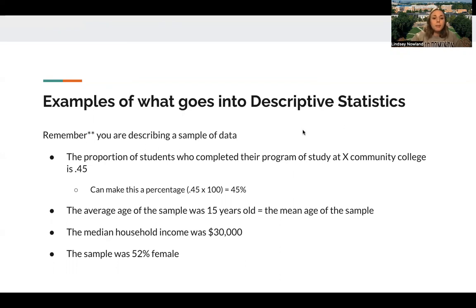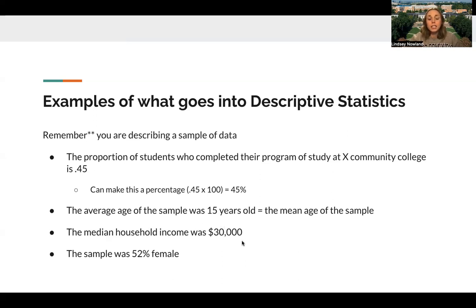So you can easily make this decimal into a percentage by multiplying it by 100, or just moving the decimal over 2 places. So 45% of students completed their program of study at whatever community college in this example.